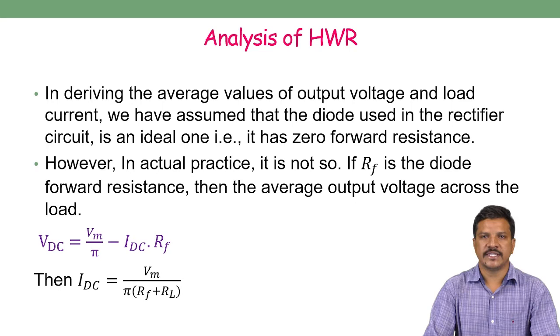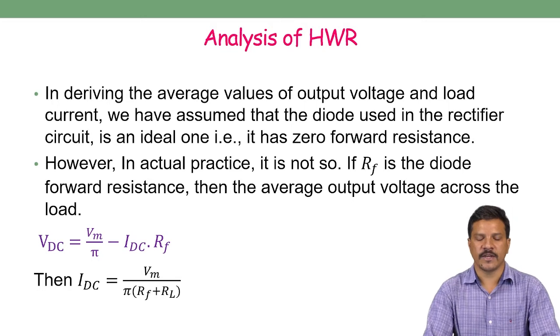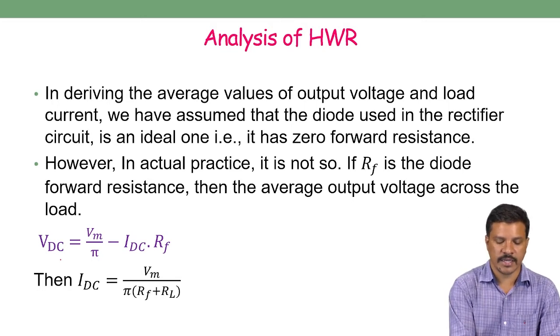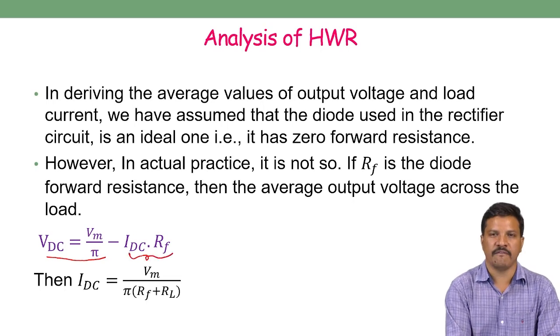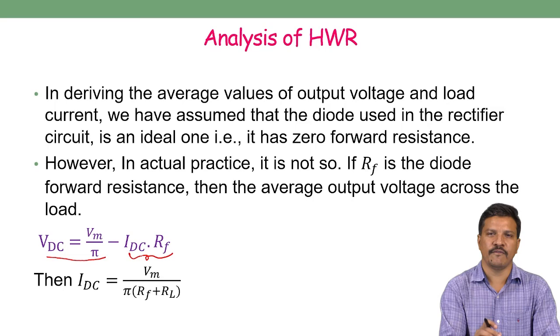If RF is the diode forward resistance and it should be considered, then the average output voltage across the load is VDC is equal to Vm by pi minus IDC into RF, the DC current flowing through the diode resistance.